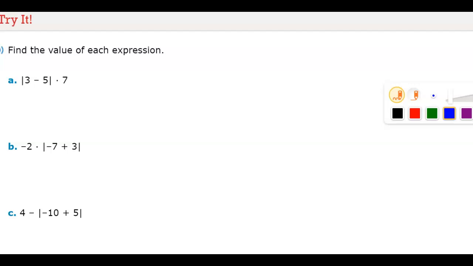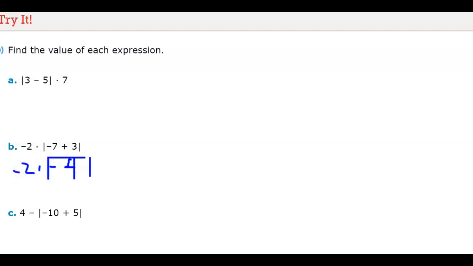Parentheses can also stand for any type of grouping, such as absolute value or brackets or any of those things. So we're going to do what's inside of the absolute value first. So -7 plus 3 is going to give us -4. And we still have those absolute value bars, and we still have -2.